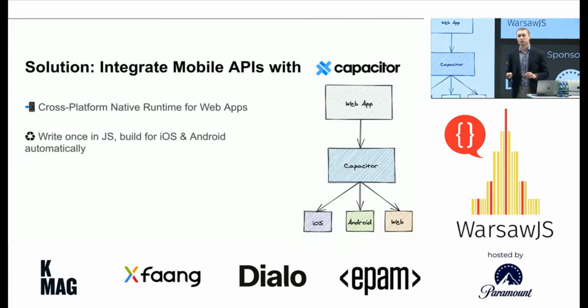And the solution to the first two problems was to integrate the mobile API with the Capacitor library. Capacitor is a cross-platform native runtime for web applications. It means that you write the application once in JavaScript and build it automatically for iOS and for Android at once.